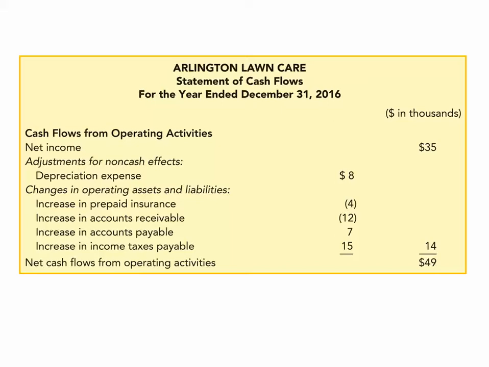A gain, loss, depreciation, amortization, depletion, and current assets and current liabilities. The first step is to adjust for non-cash items, again, such as depreciation and amortization. Then we look at increases and decreases in operating assets and liabilities. We call these current assets and current liabilities.